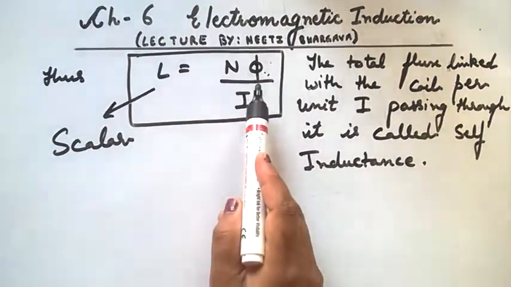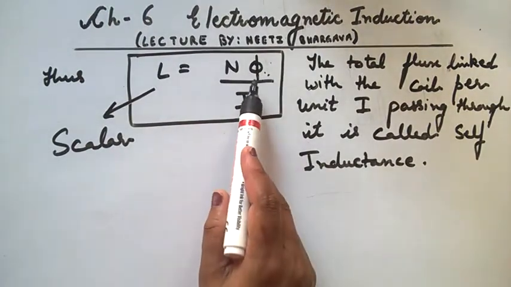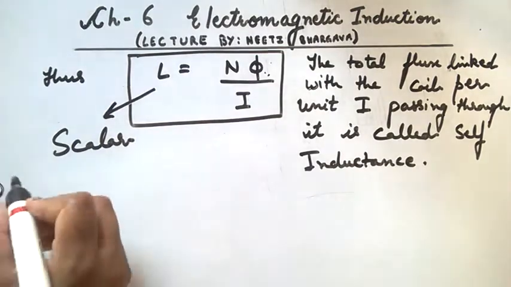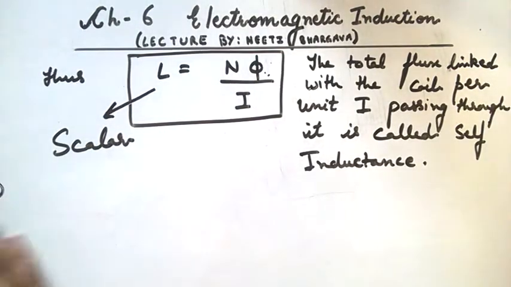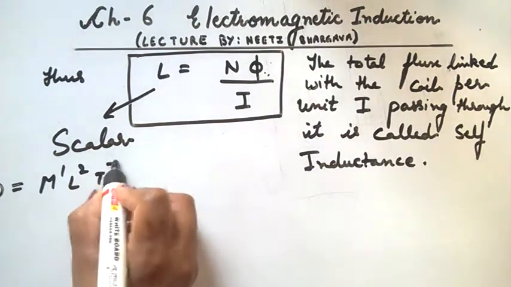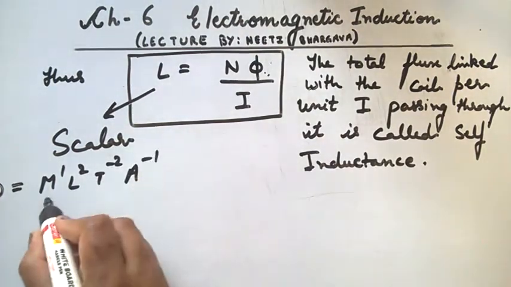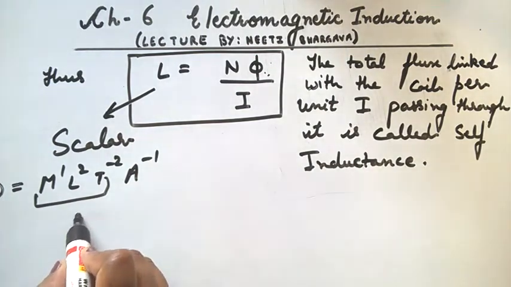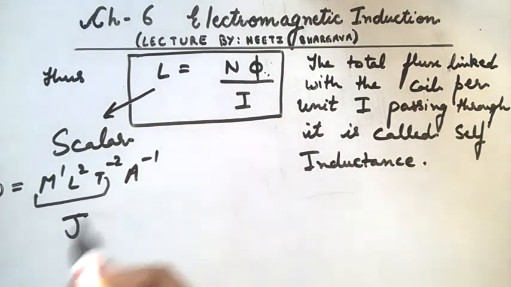Also we have studied that the unit of magnetic flux is volt second, which we have derived earlier also. Flux unit is Weber and its dimension is M1 L2 T minus 2 A minus 1. Because we know that M1 L2 T minus 2 is energy. Energy is written in joule and this is ampere.